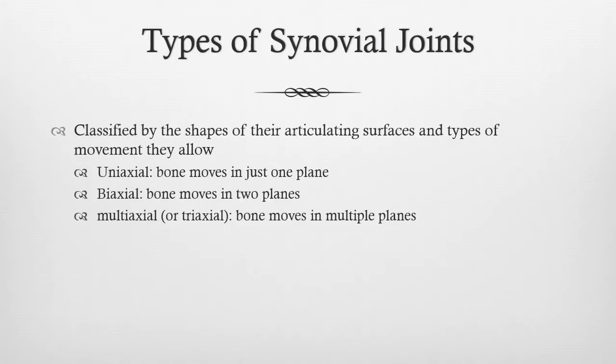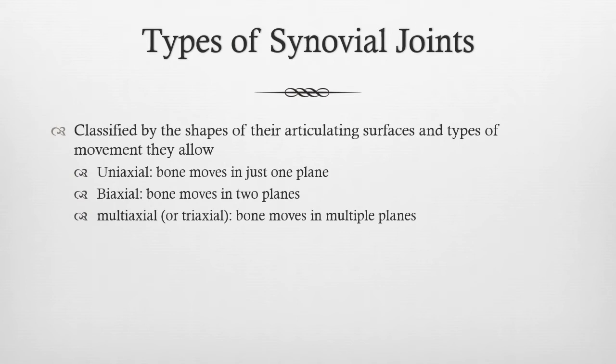Synovial joints are named based upon the movement they're able to do. Within the joint itself, they may be able to move on a single axis, and so we have uniaxial joints. We have biaxial joints, which can move in more than one direction. A uniaxial joint is like a hinge, like a door. It simply moves back and forth and back and forth, and this is something like our knee.